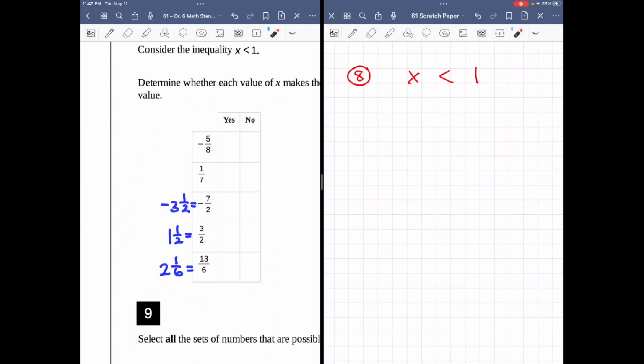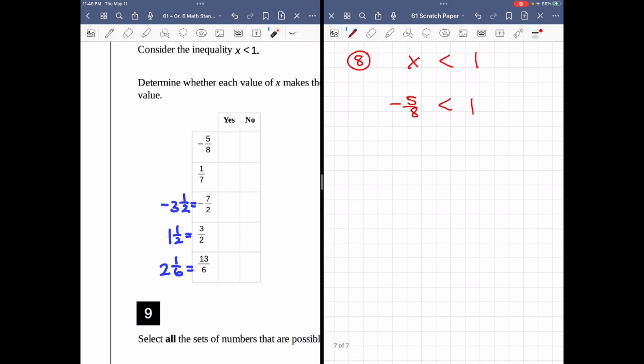So on your scratch paper, instead of x is less than 1, we're going to write negative 5/8 is less than 1. So that'll be our first line. Write down negative 5/8 is less than 1. Next is this 1/7. So we have 1/7 is less than 1. Now negative 3.5. Negative 3 and 1/2 is less than 1.